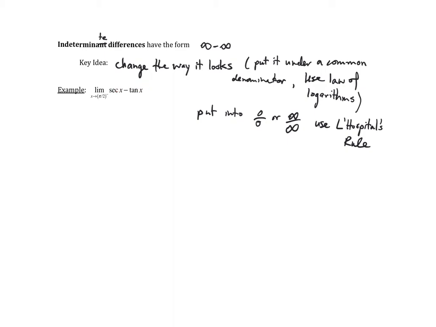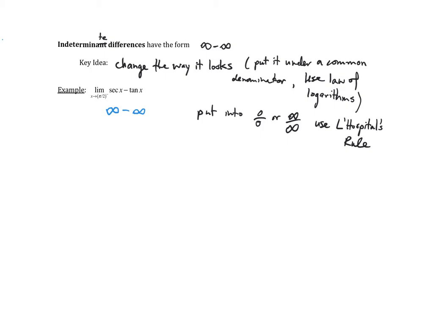Now, if we were to look at this, what you would find is that when you take the limit as x approaches pi over 2 from the negative side of secant of x, you're going to get infinity. And the same thing happens with tangent of x: you're also going to get infinity. So we have this infinity minus infinity situation, which is a classical indeterminate difference.